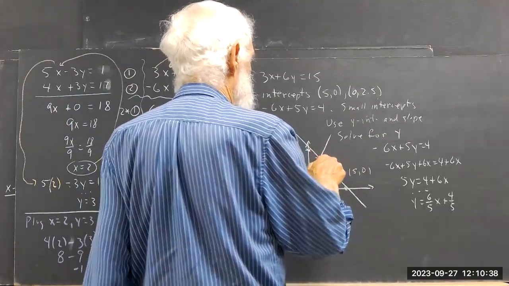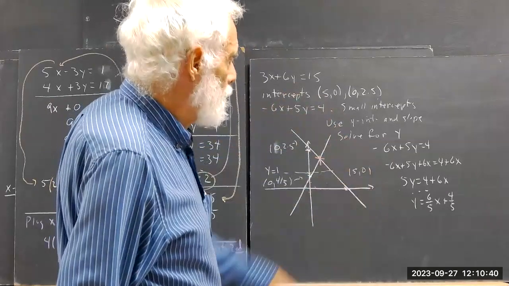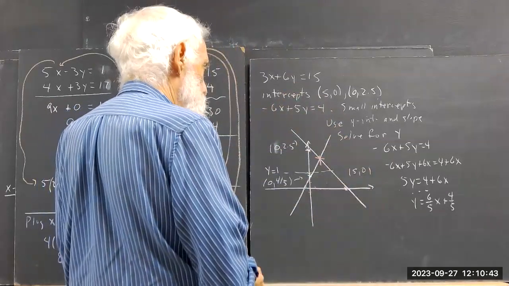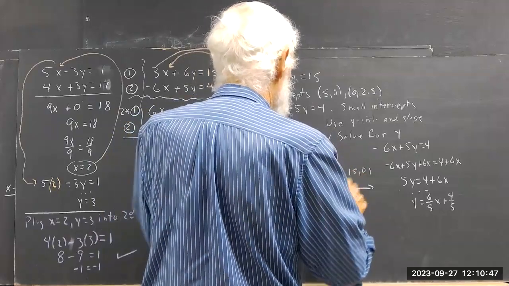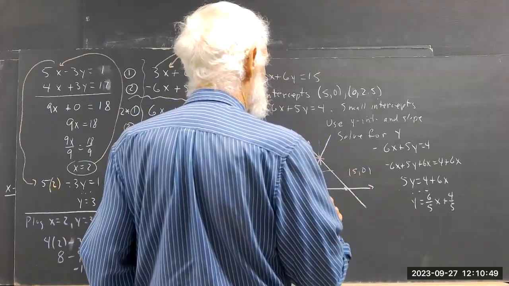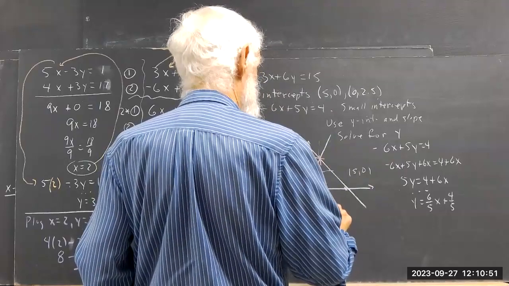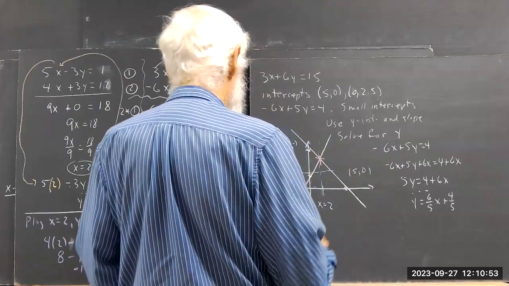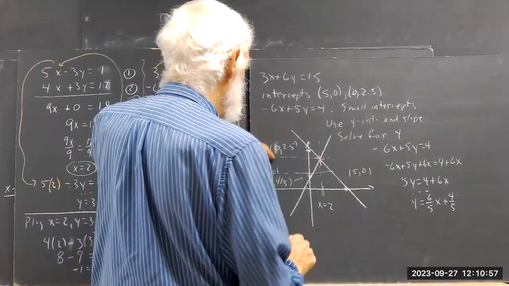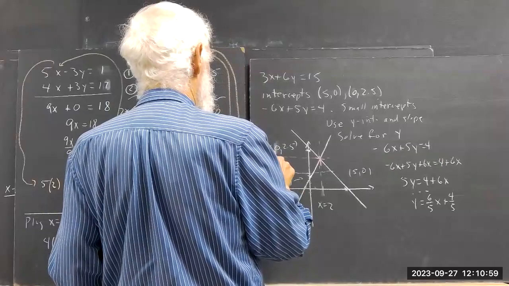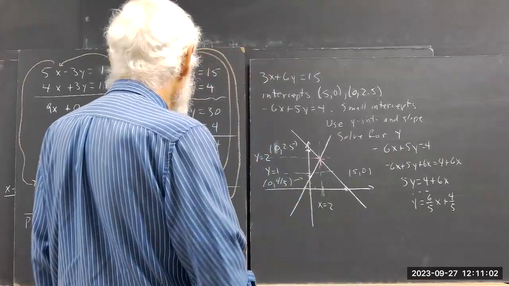Here's our crossing. So once we've graphed these two equations, we get a crossing point that looks to be, this is 5, this could well be 2. If this is 2.5, then this could be y equals 2.